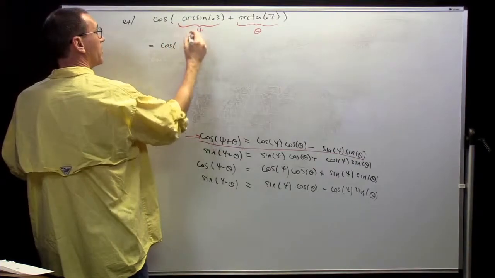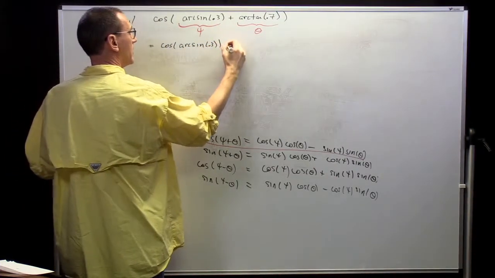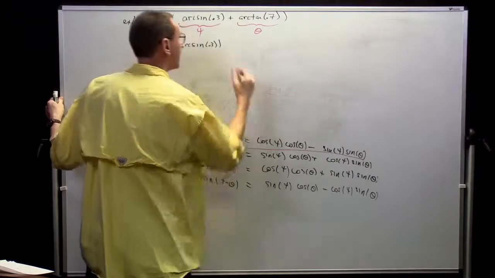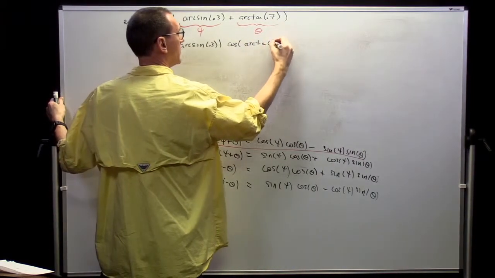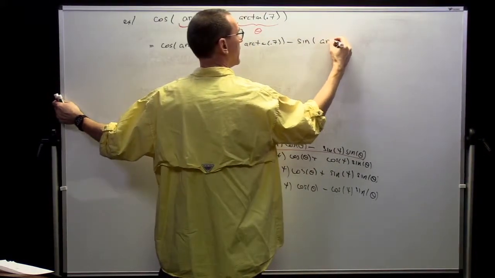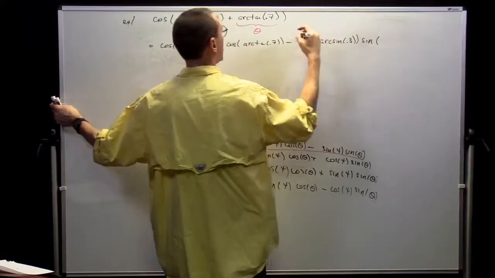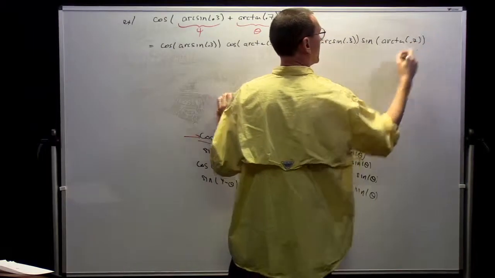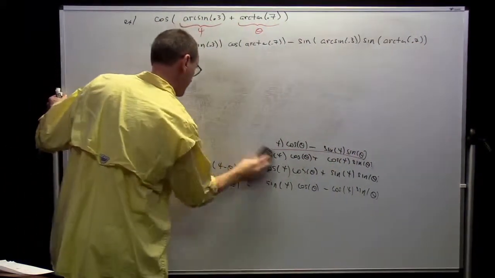This is going to be the cosine of psi times the cosine of theta minus the sine of psi times the sine of theta. Okay? And now I've got to figure out what that is.